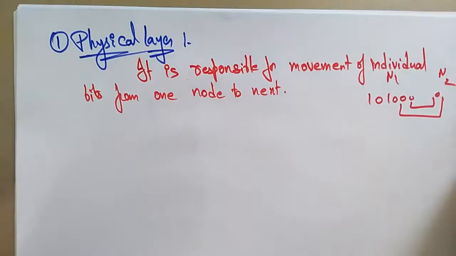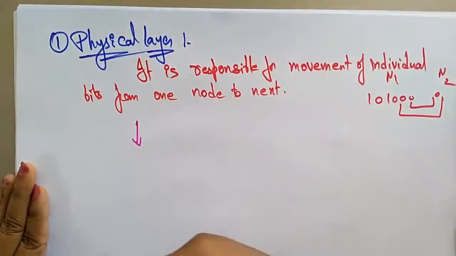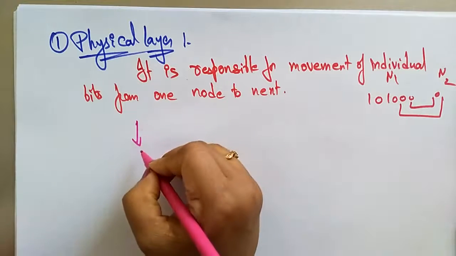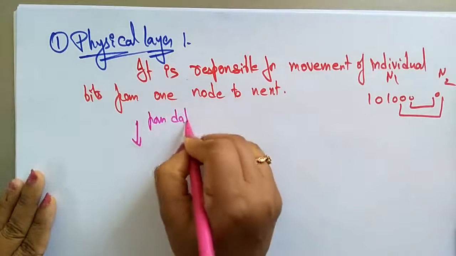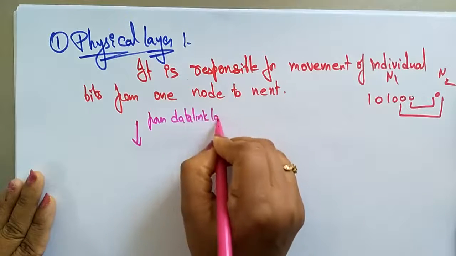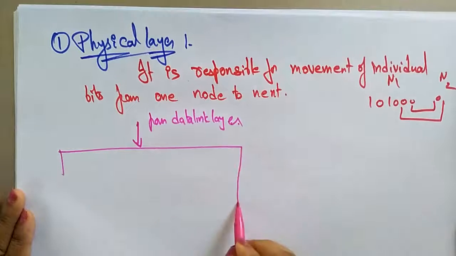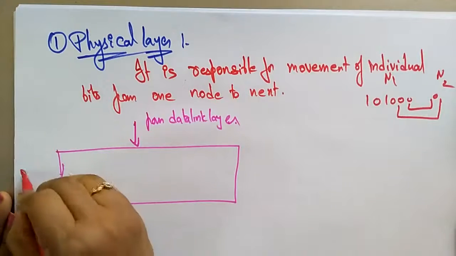Let me show you the diagram. Suppose data is coming from the upper layer. Data always comes from the upper layer. What is the upper layer of the physical layer? That is the data link layer. From the data link layer a message came. How will this message be represented in the physical layer? Let me take this as the physical layer.